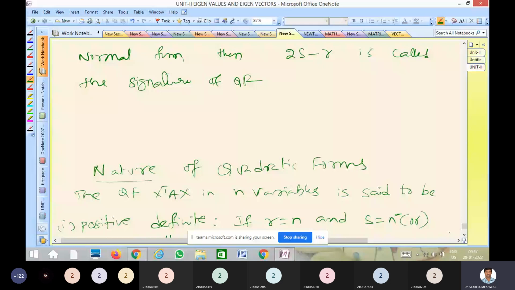S is 0 means the index is 0. There are no positive terms, only negative terms.